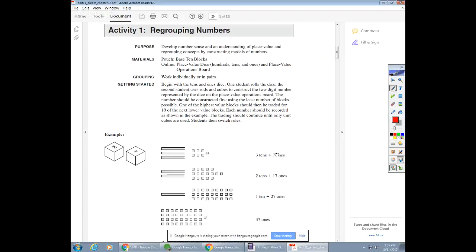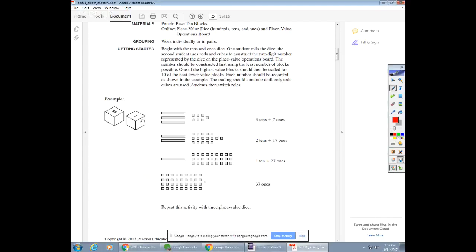So for example, here they illustrate the number 37. So with your toys, make 37 with the toys. I'll do the same thing with mine.